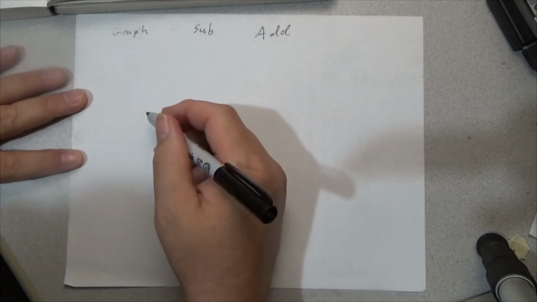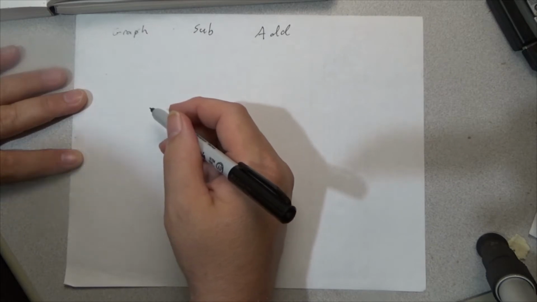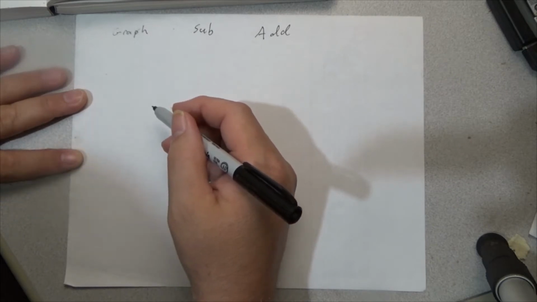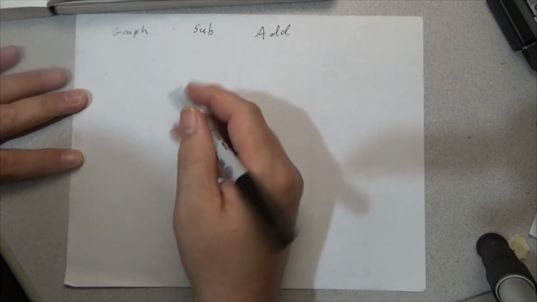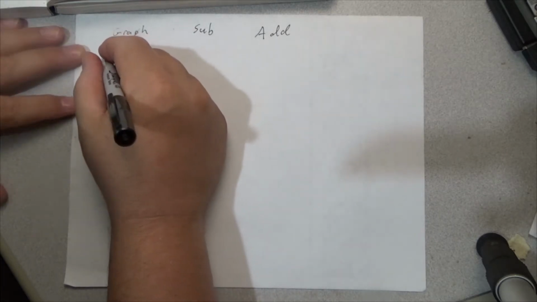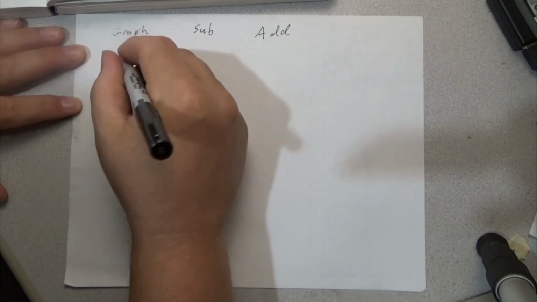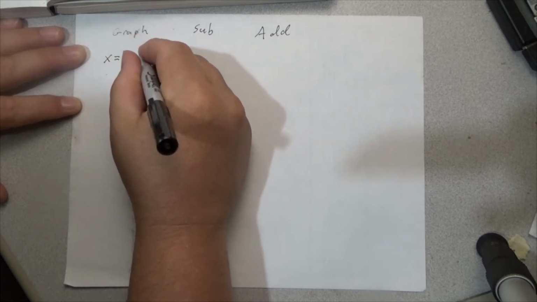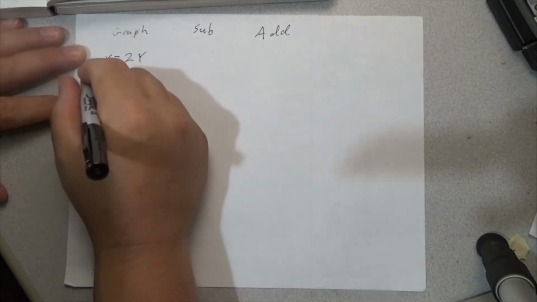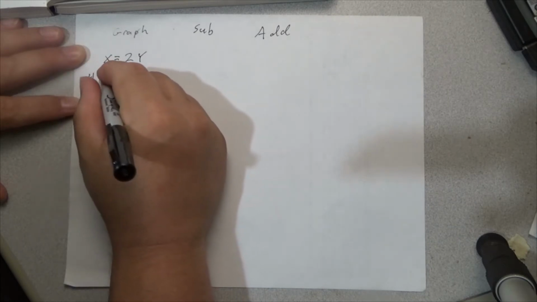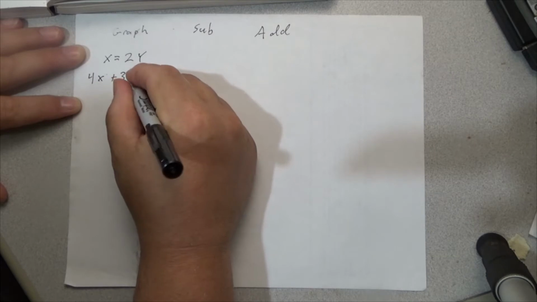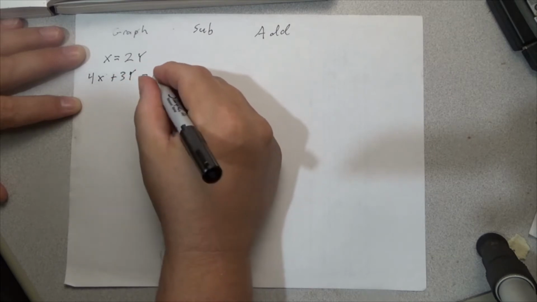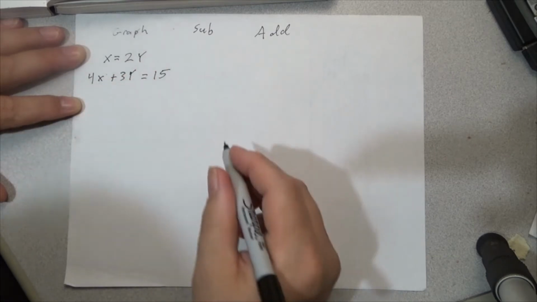So when we use substitution, let's take a look at the example on page 476. We have x equals 2y, and the other equation is 4x plus 3y equals 15.